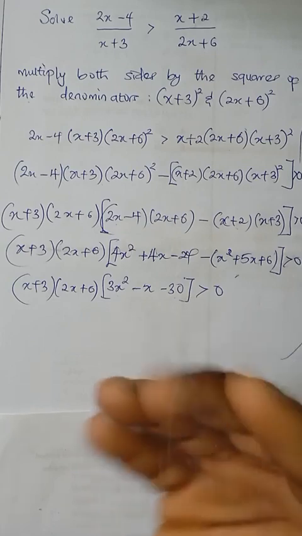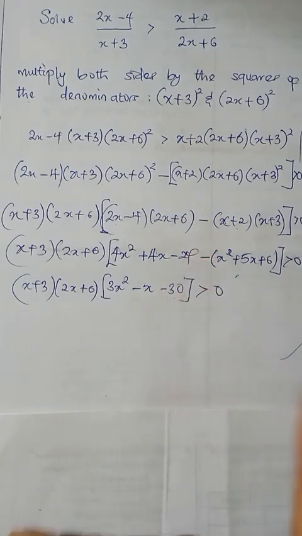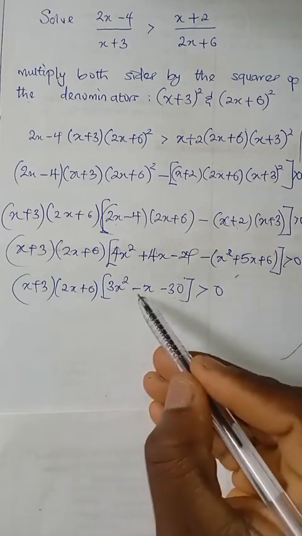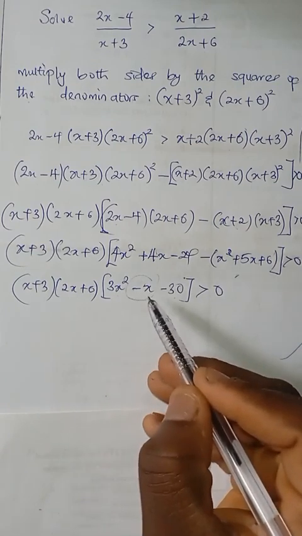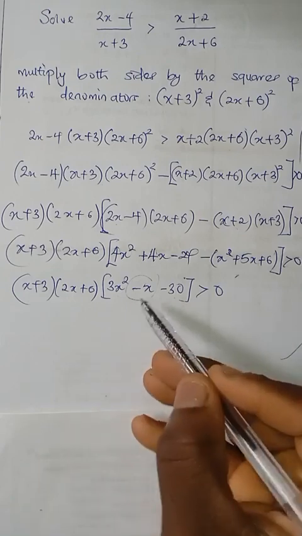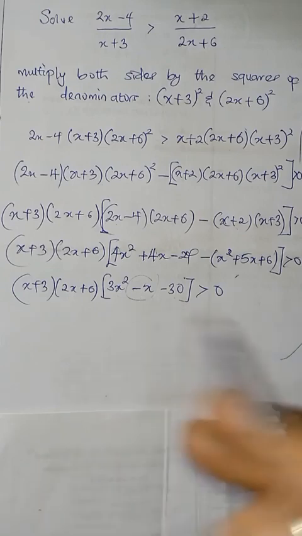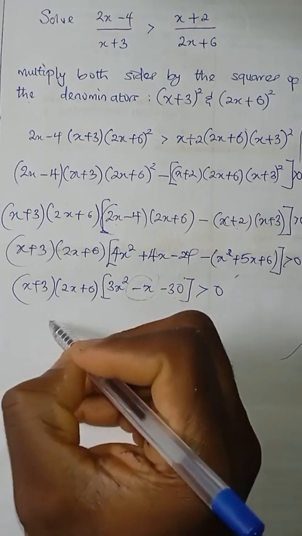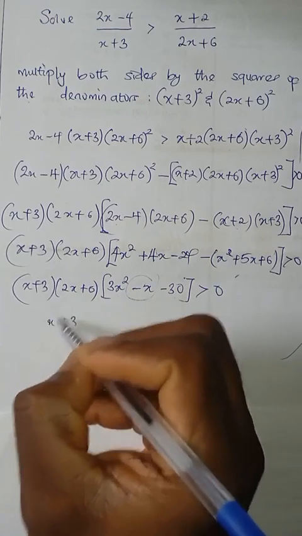So we are looking for two factors that when we multiply them, we'll get minus 90, and when we add them, we are going to get the middle term, which is minus 1. Those two factors happen to be, I think 9 and 10 can work. We should be having minus 10 and plus 9 will give us negative 1, and minus 10 times plus 9 will give us negative 90.